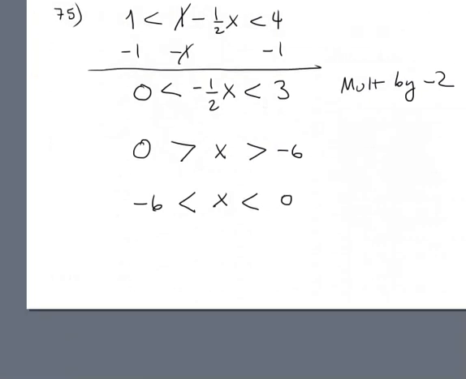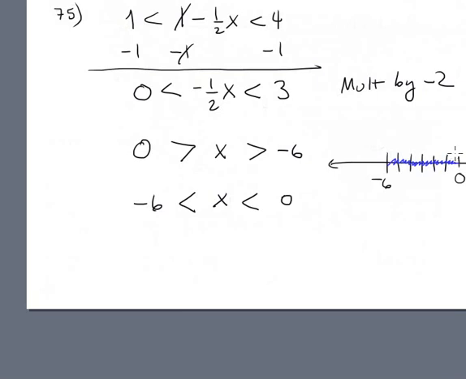Okay, the solution is the interval, suppose 0 here, 1, negative 1, negative 2, negative 3, negative 4, negative 5, negative 6 here. It's in between negative 6 and 0.